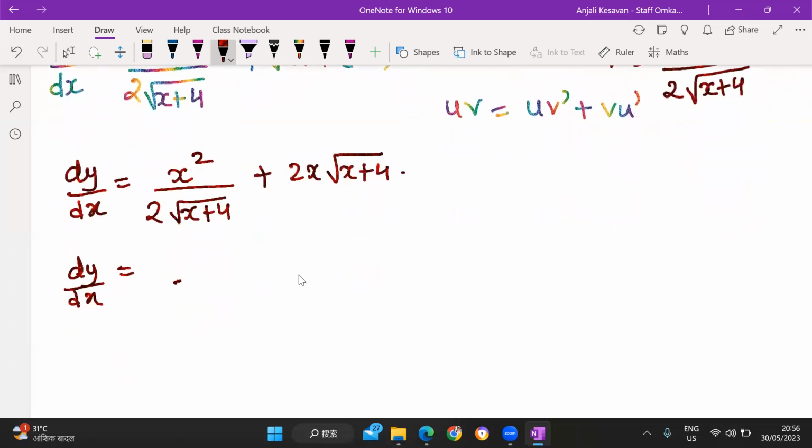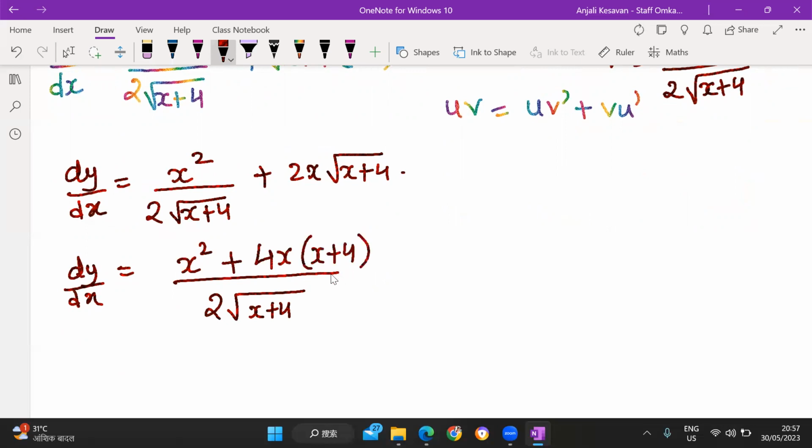Make the denominator the same, so it will be 2 root (x + 4). Multiply this by 2 root (x + 4), so x squared plus 2 times 2, just cross multiply, 2 times 2, 4x. Root times root will be x + 4. Is this followed?